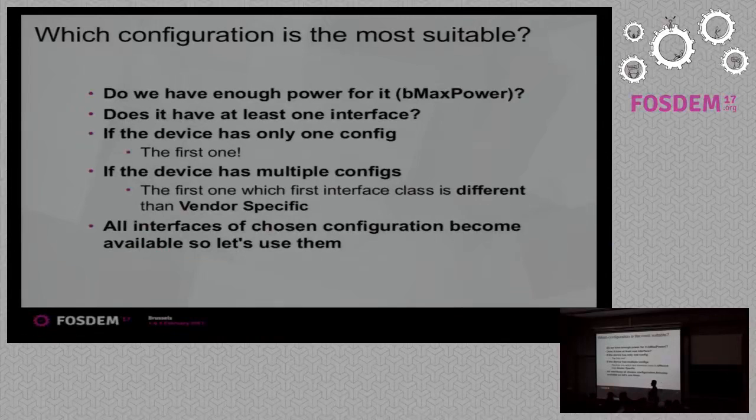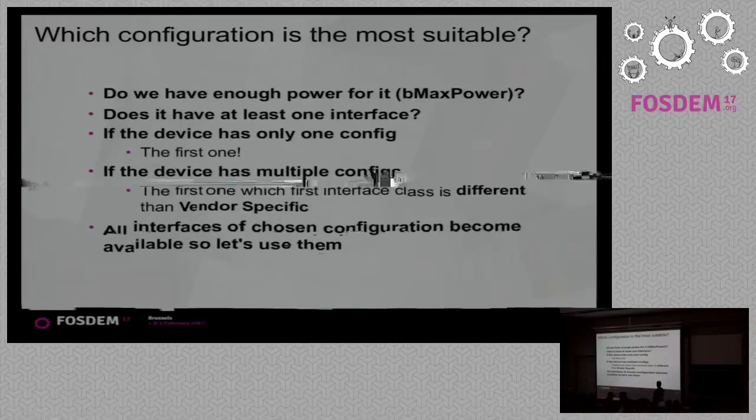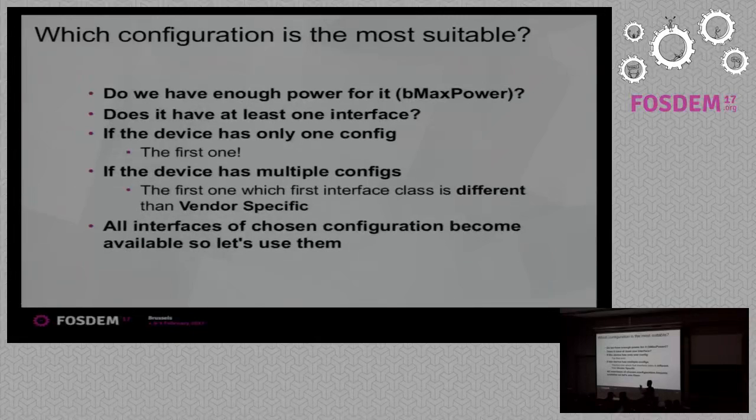Some broken devices introduce a configuration without any interface, so we usually filter them. And if the device has only one configuration, we are done. Just choose the first one. If not, we choose the first configuration whose first interface class is different from vendor specific.